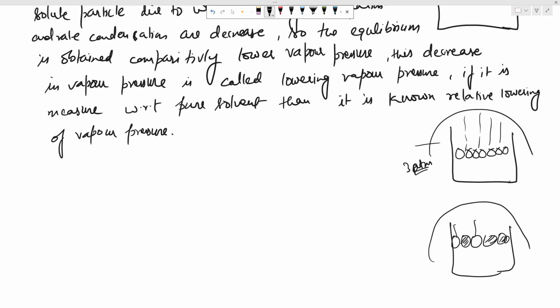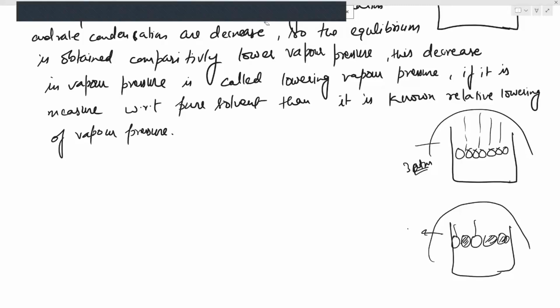So we will simply say that a smaller number of particles will evaporate, so they will exert less pressure. Let's say it was 1.6 and now it is exerting less, decreased by some amount. Got it? Yes, sir.